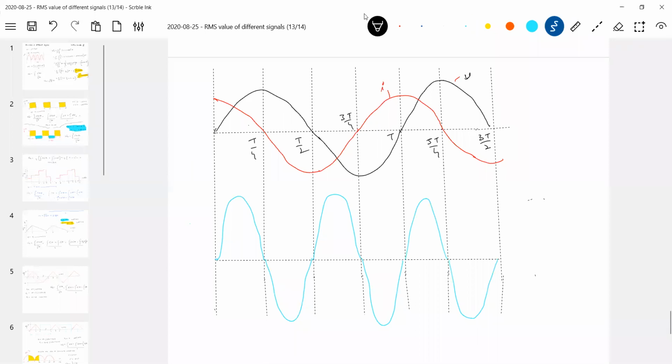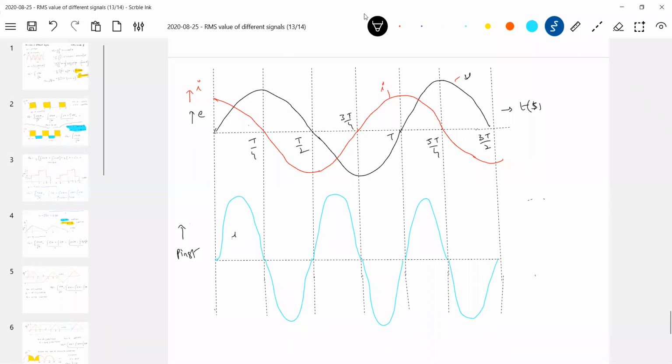This is the instantaneous power, this is I and this is E, and this is time T in seconds. So during one cycle, here it will consume power, or you can say the capacitor accepts, then returns back.